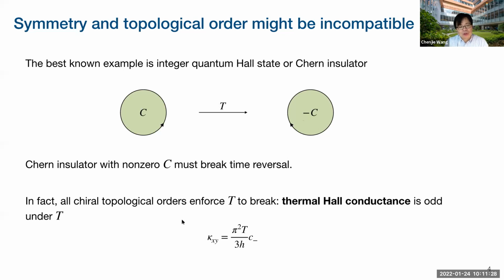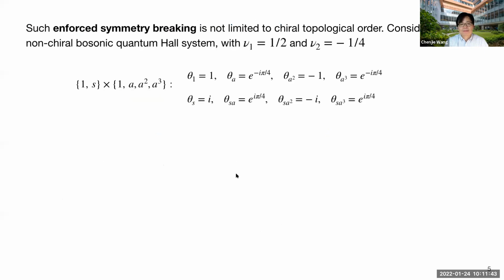So any topological order with a non-zero thermal Hall conductance must break time reversal symmetry. This gives quite a general family of topological orders that enforce time reversal symmetry to break. But such enforced symmetry breaking is not just limited to chiral topological order.